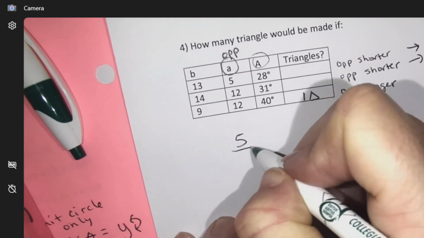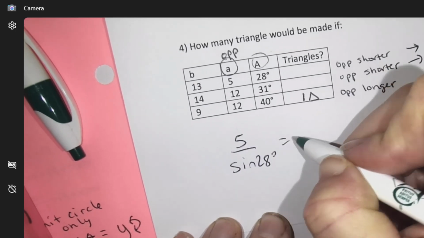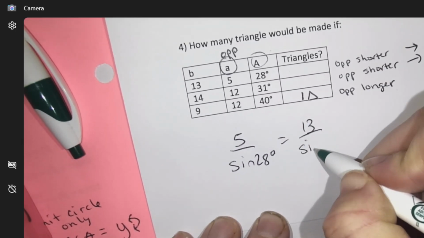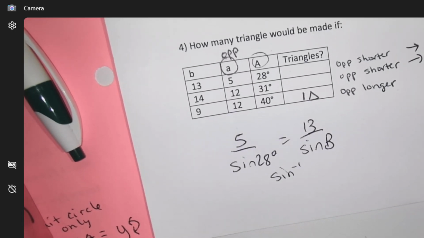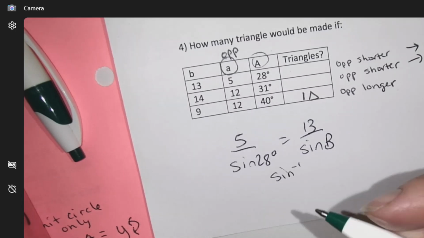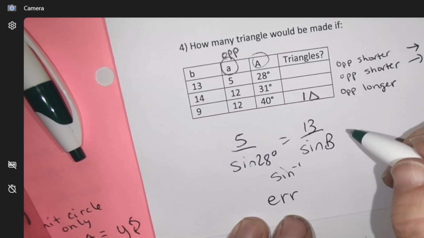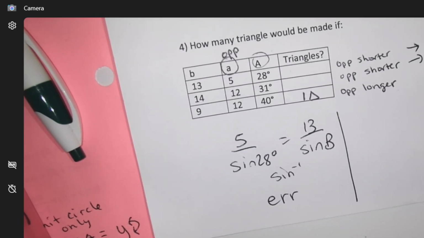Okay, so here I go. 5 over sine 28 equals 13 over sine B. Okay, sine inverse it to get an angle, and I got no angle forming.